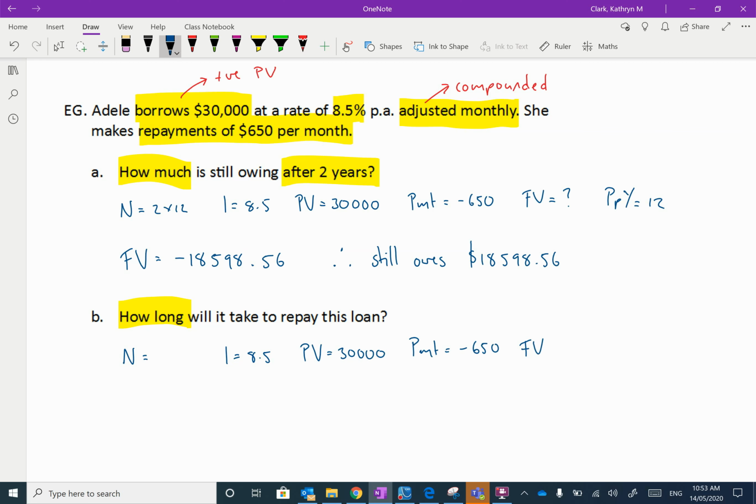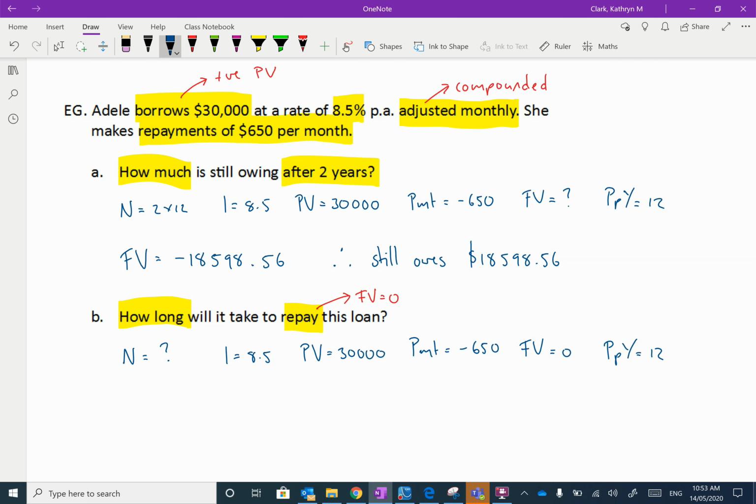If I have repaid the loan, that makes my future value 0. And compound periods per year, payments per year is going to stay at 12. Alright, so repay always means that our future value is 0. So we're going to solve for n in this case.